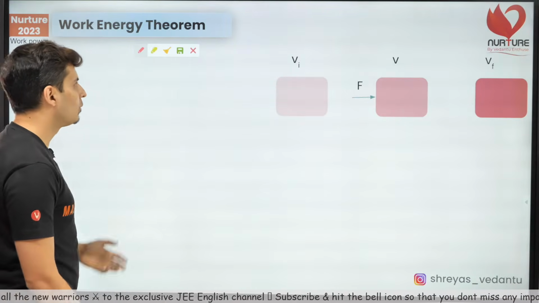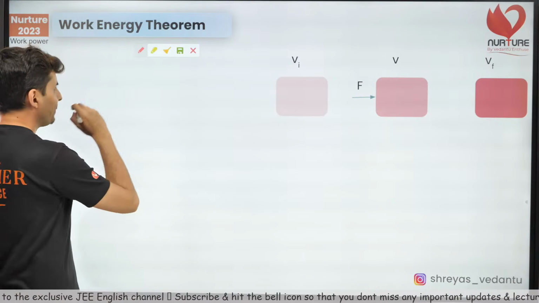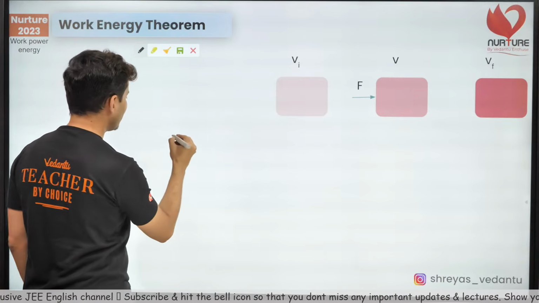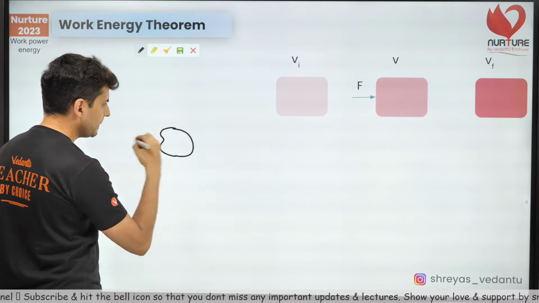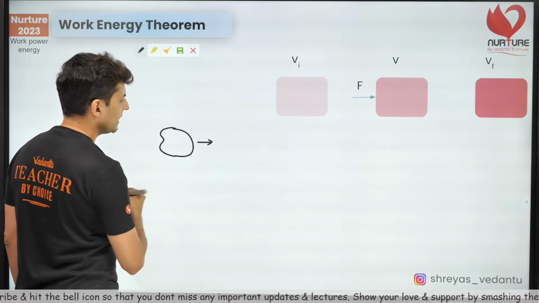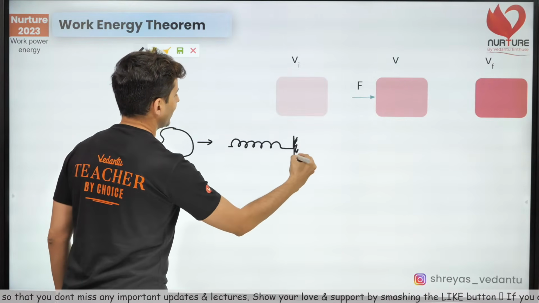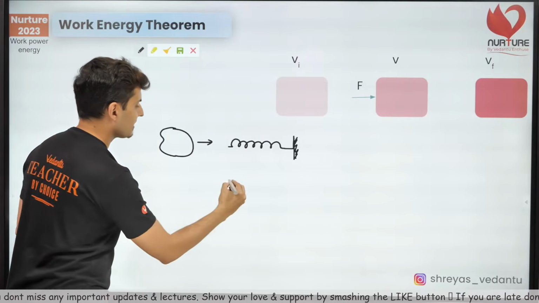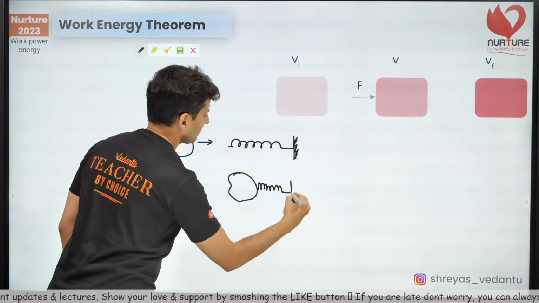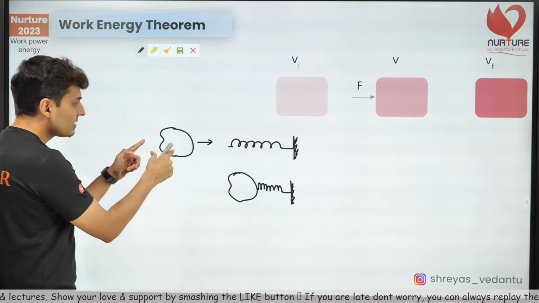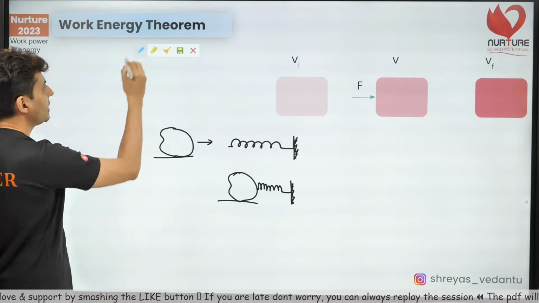I can give you even more examples. Say, for example, imagine you have a ball here, and let's say it is rolling like this, and there is a spring over here. This ball comes and it compresses the spring. Now when this ball comes and goes like this, there are multiple forces acting on it.